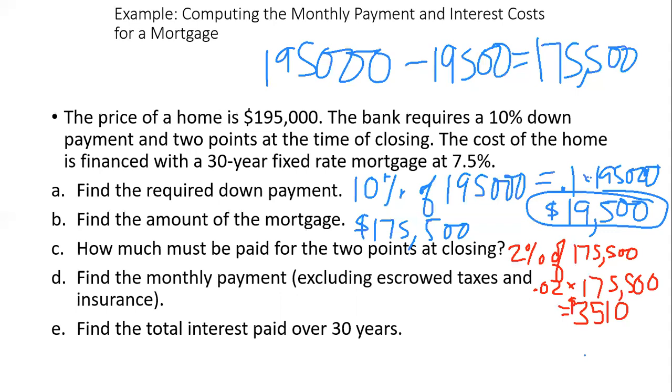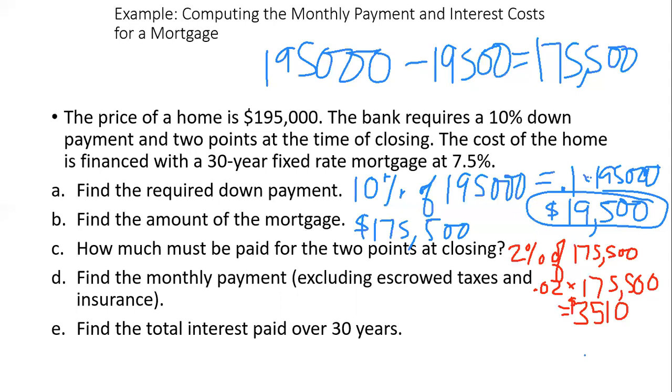Part D, find the monthly payment excluding escrow, taxes, and insurance. So all those closing costs that the company makes you pay, like inspections and the home insurance and property tax and all of that stuff, we're going to exclude from our consideration.